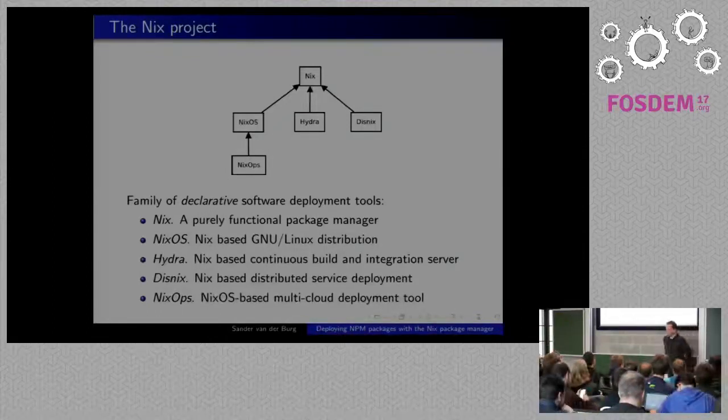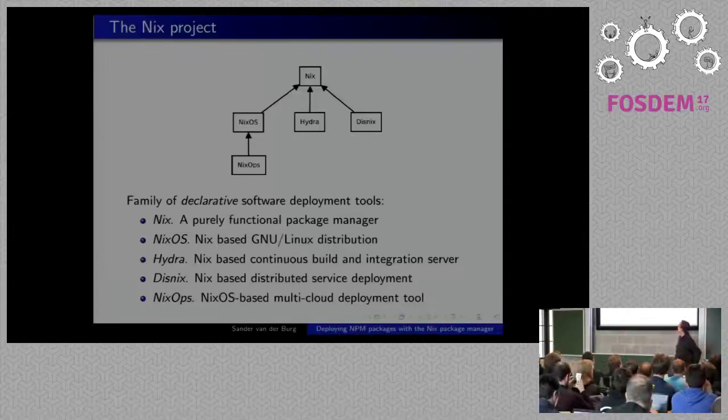So, I'm a Nix developer since 2007. I'm using it in my daily work, also on my home computers, and pretty much everything else I could run it on. And the Nix project is a family of deployment tools. What they all have in common is that they support declarative deployment.